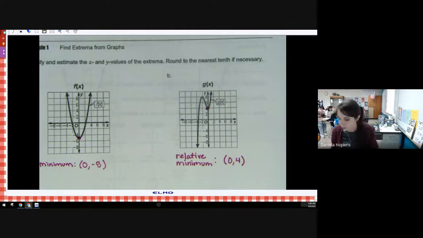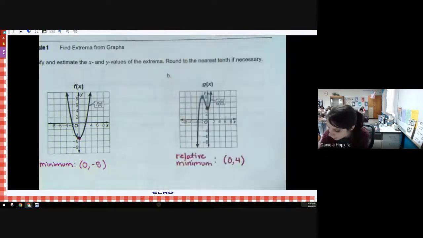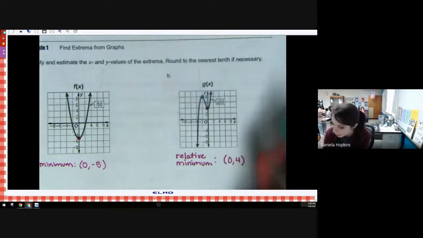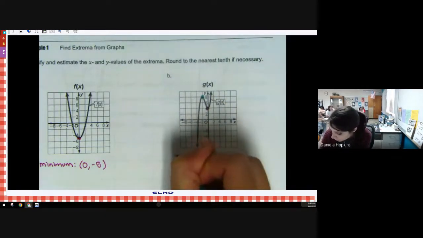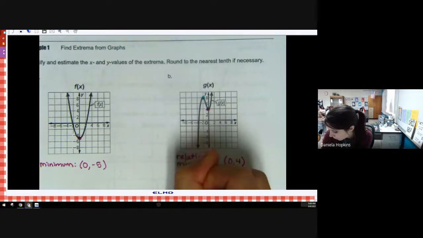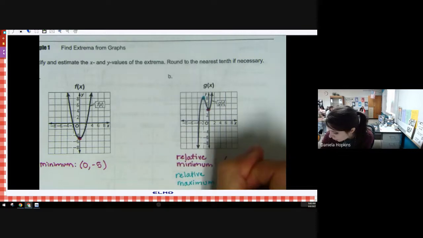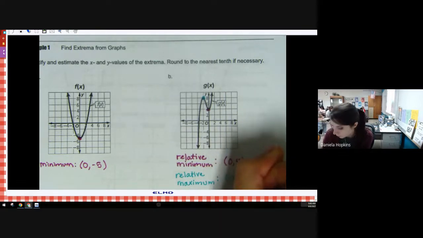Then, I like colors, we do have a relative maximum here. Again, there's no actual maximum because this goes on forever, but our relative maximum is going to be at (-2, 8).